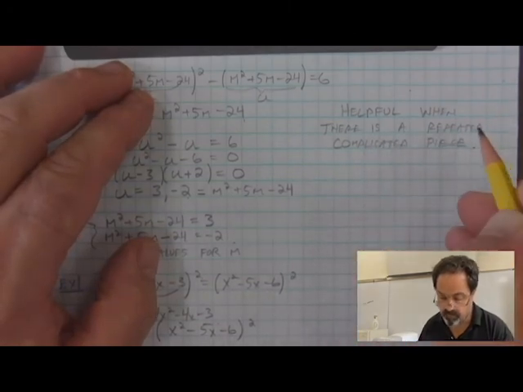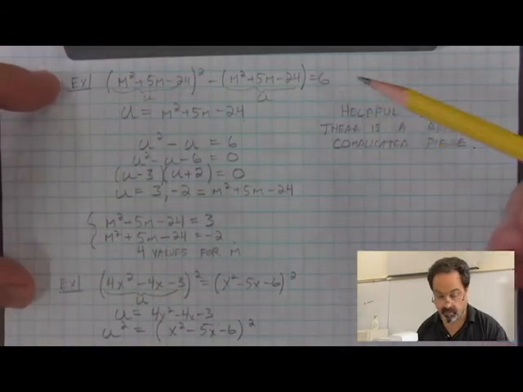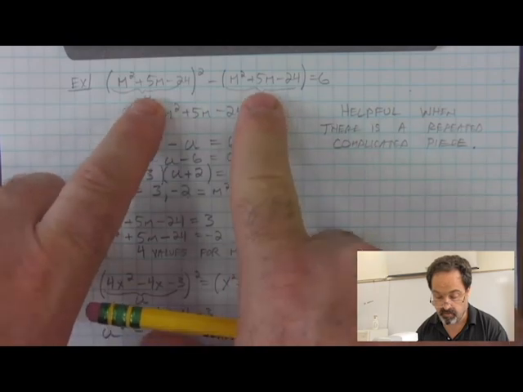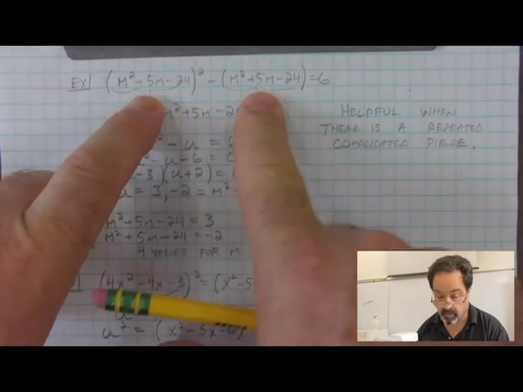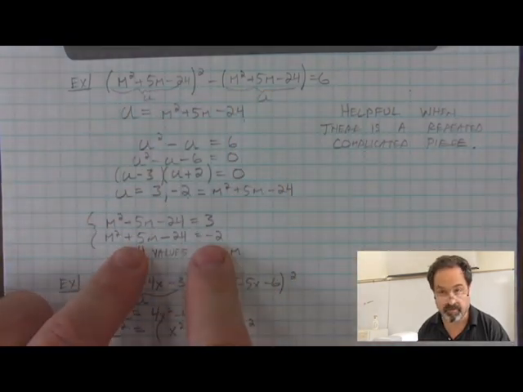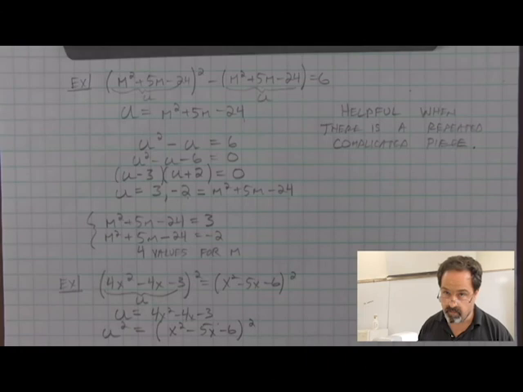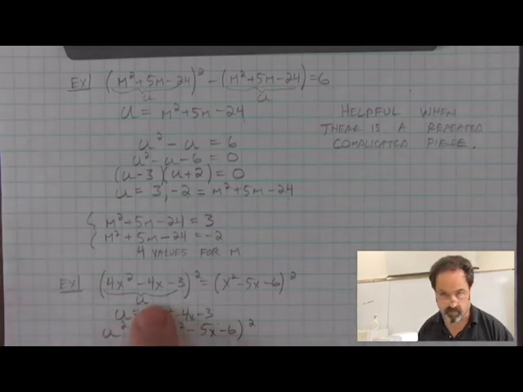In my original example, there was a repeated complicated piece. So assigning U to be equal to it temporarily helped me in the solution process. In the second example, there are complicated pieces, but not repeated. So assigning U to be equal to one of them doesn't help.